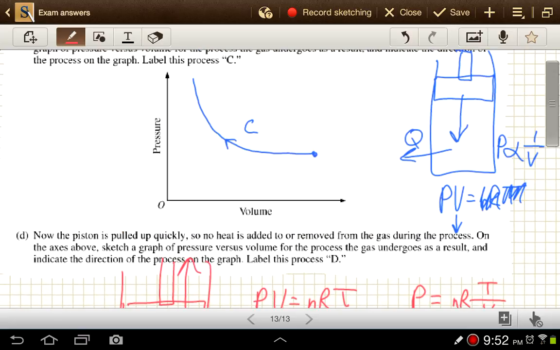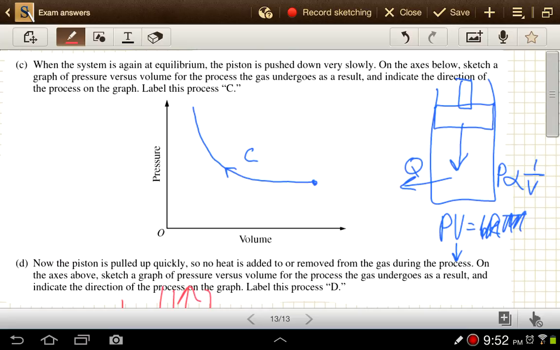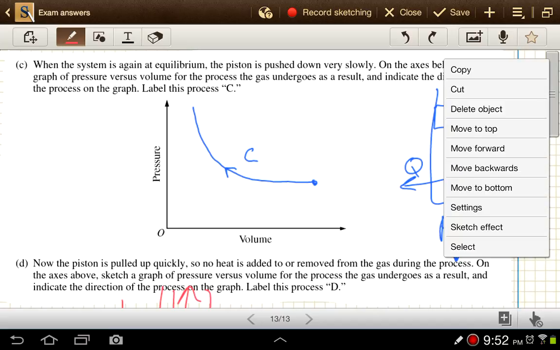So if we come back up here, again we're going to have kind of an inverse shaped curve, but it's going to be steeper. So we start, let me stop there. Our gas ended at this point right here. So that's where we're going to start it.